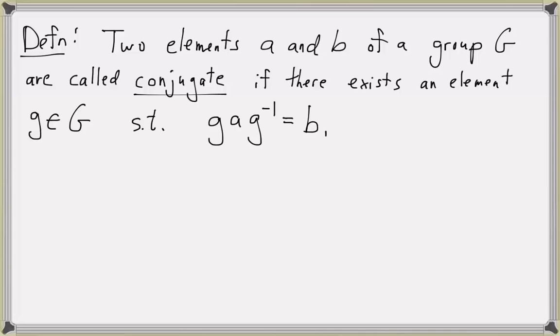And so we see that if the conjugate of A equals B, then A and B are called conjugate elements. Now for a given element A, if we put all the conjugates of A into a set, this is called the conjugacy class of A.